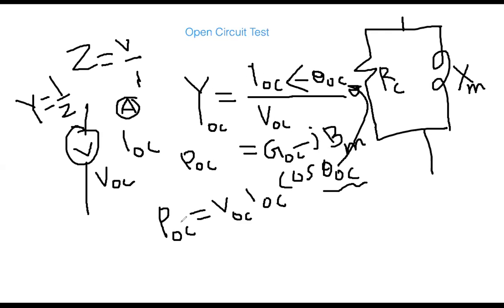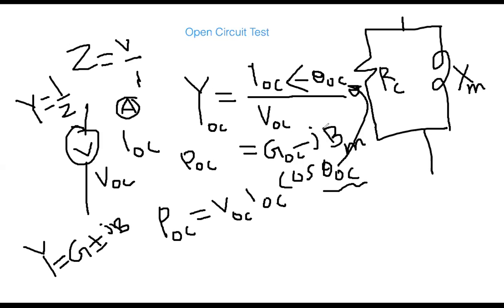Can you remember that Y equals G plus or minus jB? Can you remember from the circuit standpoint that admittance equals conductance plus susceptance?